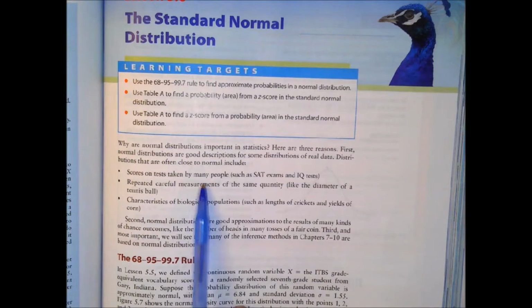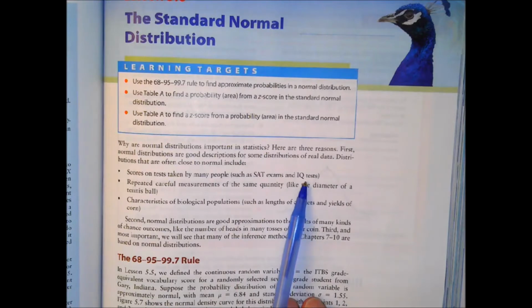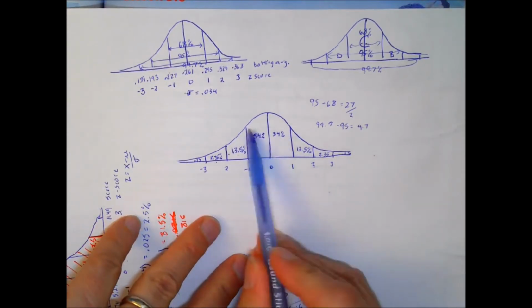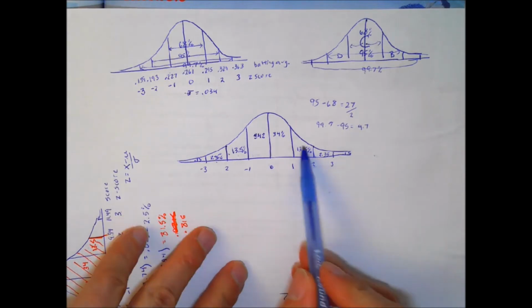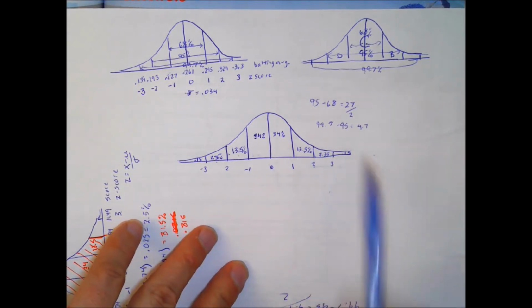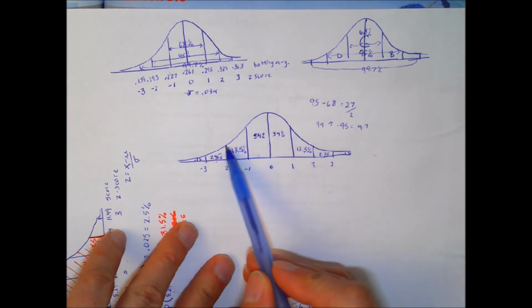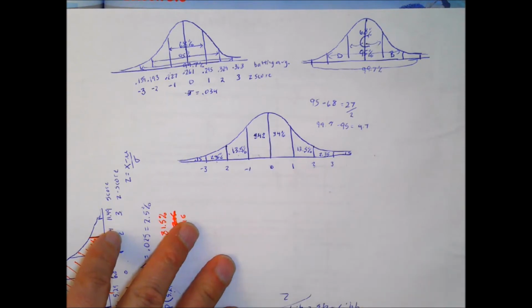If you look at scores taken by many people, like the SAT or IQ tests, all of them have a normally distributed curve where this is kind of your average people, and you get smarter and smarter. There's fewer and fewer people as you get smarter and smarter, right? Most people are just average. Also the other way, there's fewer and fewer people that don't have the intelligence of the average person.